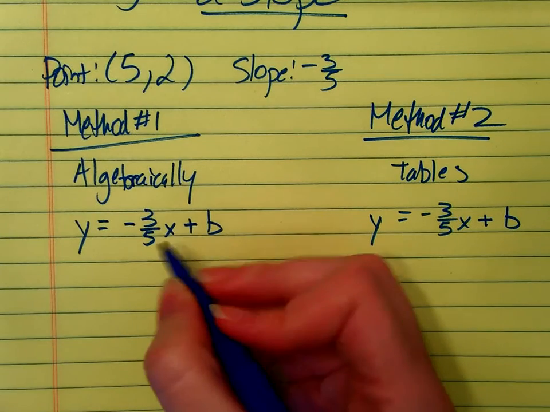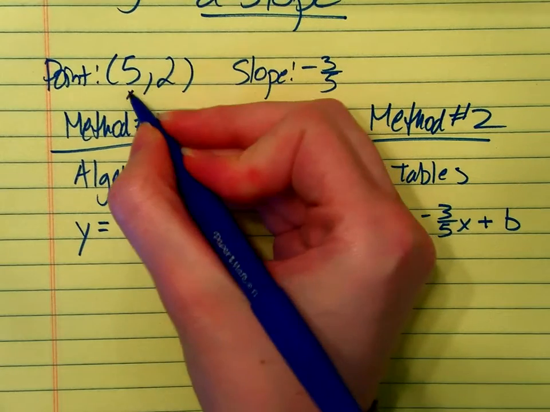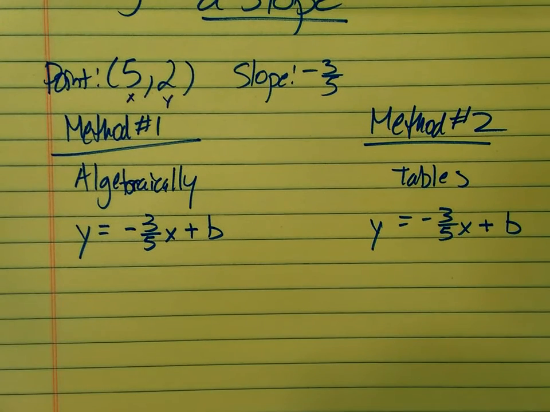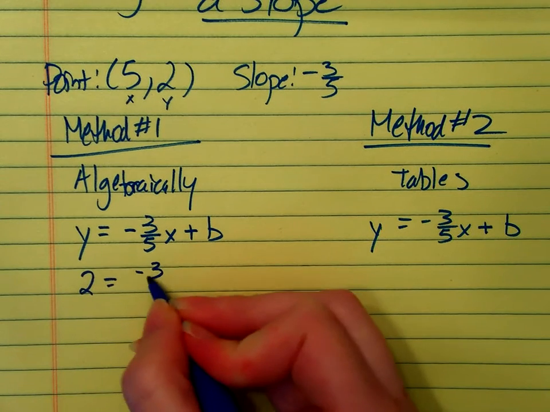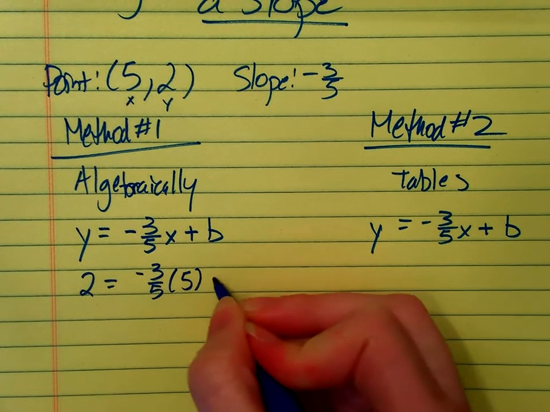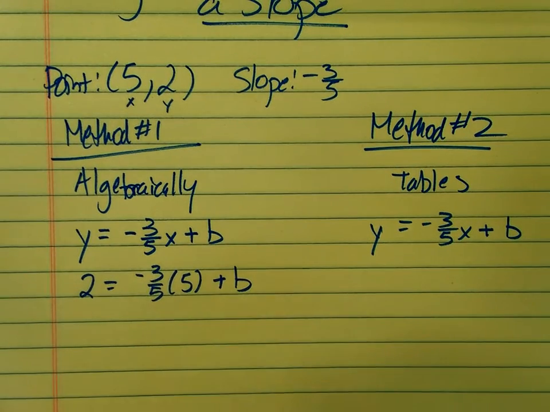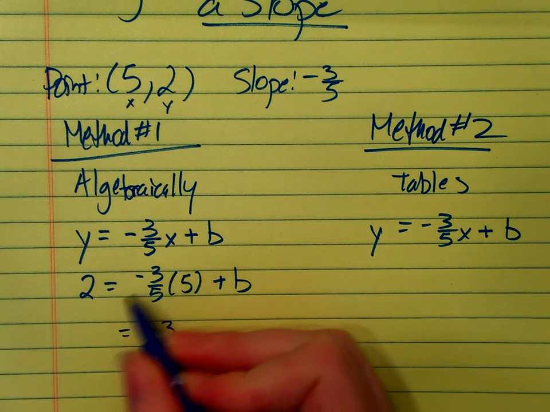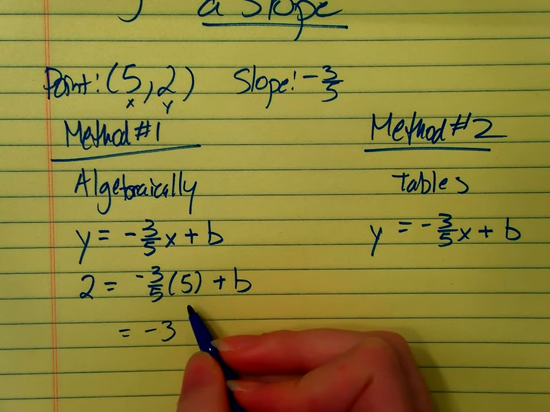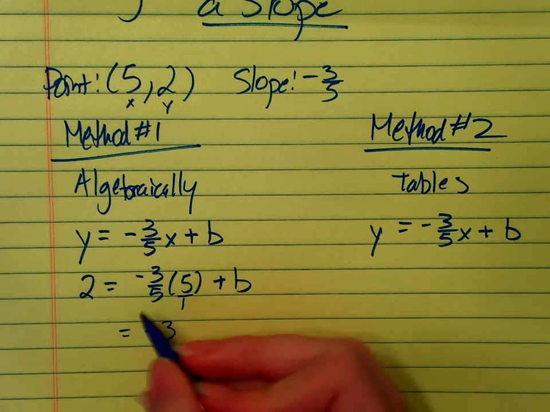So the first method you can use is, you know that this is an x and this is a y that exists on your line. So you can go ahead and plug in 2 for your y and 5 for your x and solve for b. Negative 3/5 times 5, that gets me negative 3. You can either use your knowledge of how to multiply fractions, put that over 1, or you can use a calculator.